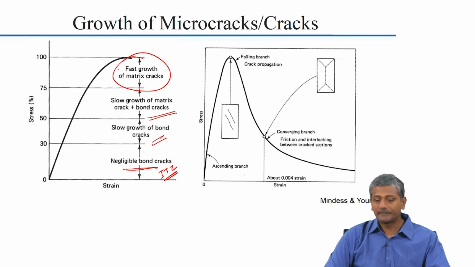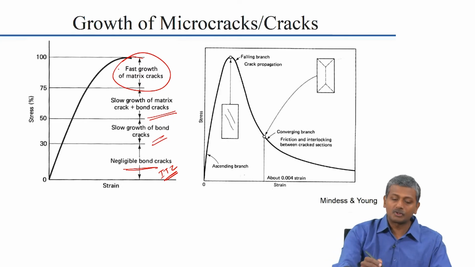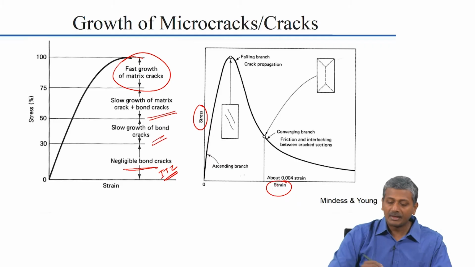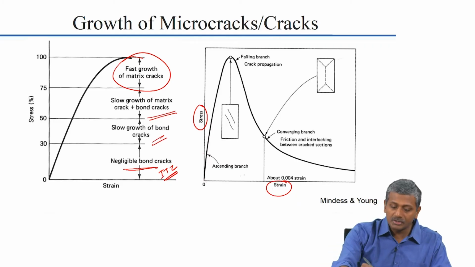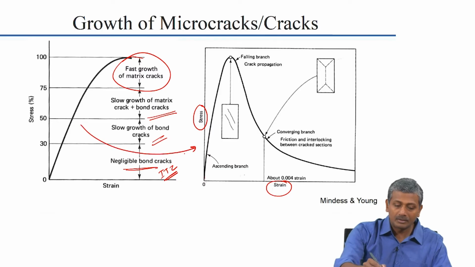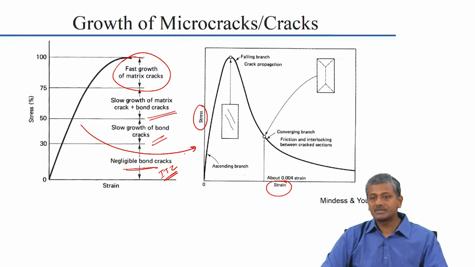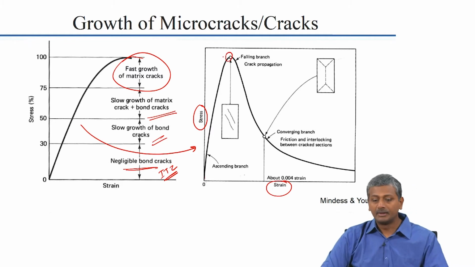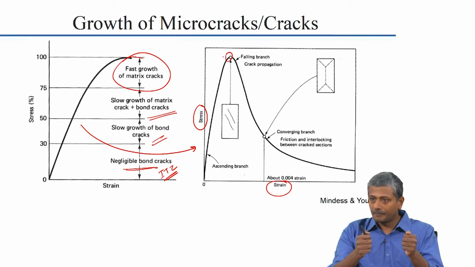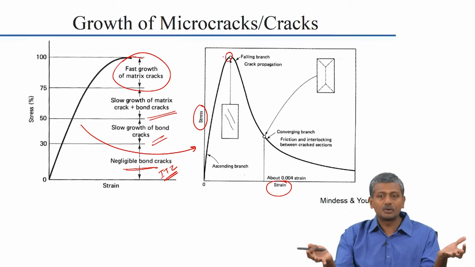Okay. And looking at this from a stress strain response perspective, so this is the stress and that is the strain. Looking at it from that perspective, the ascending branch is what is plotted here. This is basically your ascending branch, which is happening until you reach the peak load or peak stress. But beyond that, your complete failure of the specimen actually happens because the cracks that have formed across the microstructure will now open up, and then the specimen splits into two.